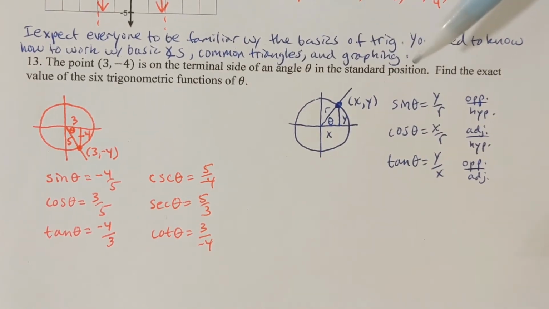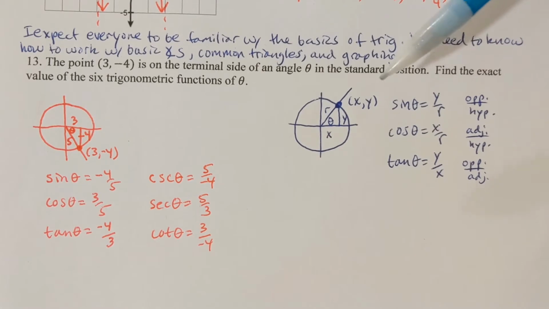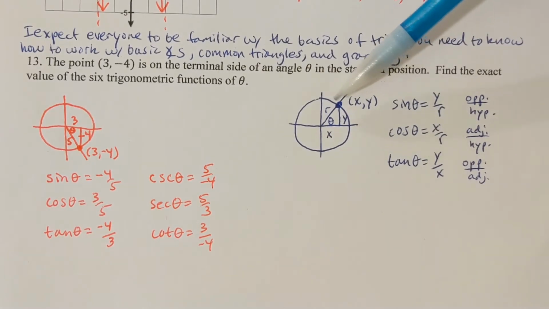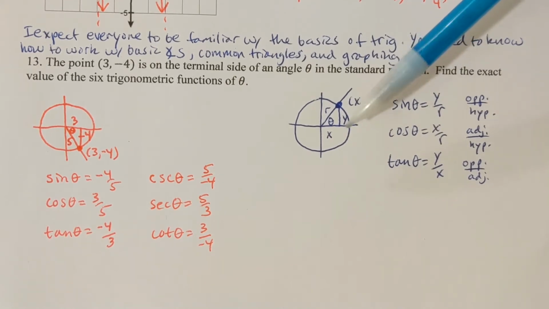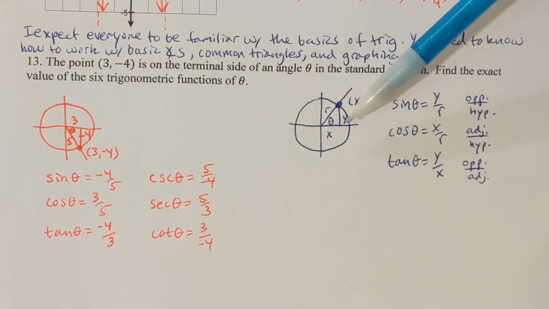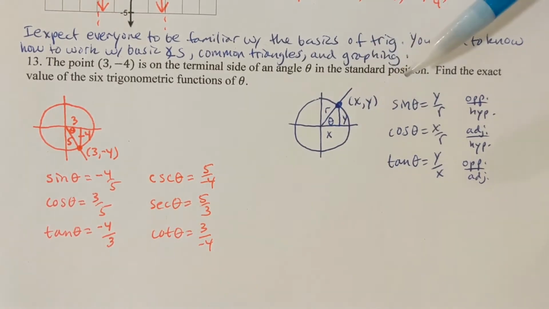A lot of what we do with trig revolves around the unit circle and or working with triangles. And so if I have a point on a circle of radius r, suppose that point is x, y, okay? I've gone x units to the right or to the left, and then y units above or below to plot this point.